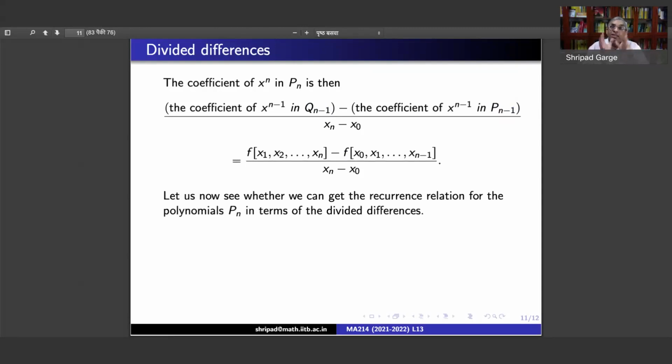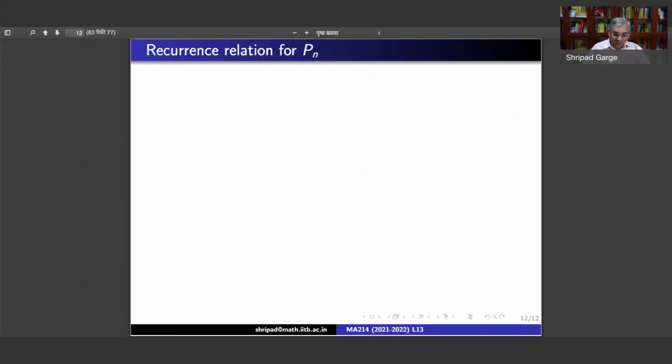So this recurrence formula is now going to give us a formula for the polynomials Pn in terms of the divided differences. So what we get is that whenever you have Pn and Pn minus 1, they will have to agree on x0, x1, x2, dot dot dot xn minus 1.